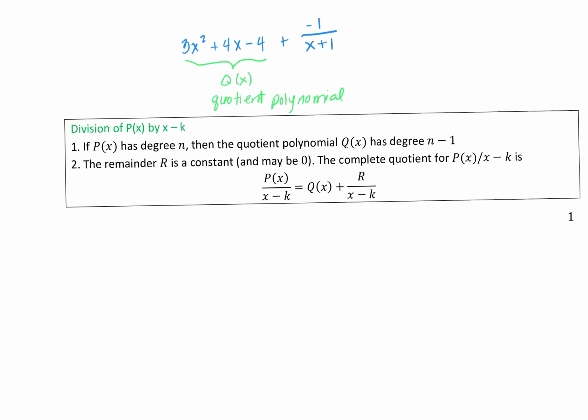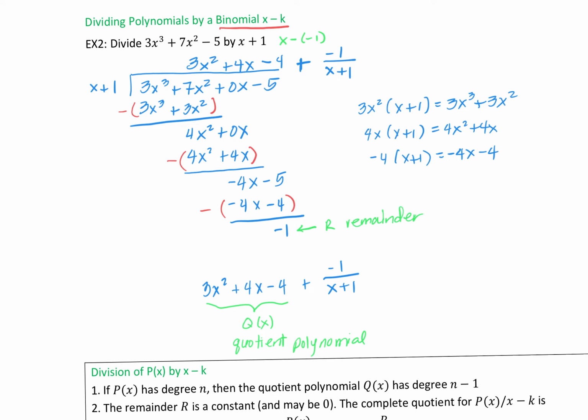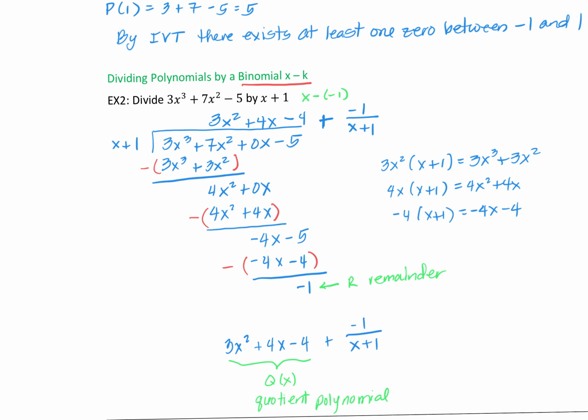So in general, this is what our division will look like. We'll take our polynomial p of x. So let's go back up a little bit. Our p of x is this polynomial that's underneath the fraction bar. Sometimes we call this a dividend when we do division.